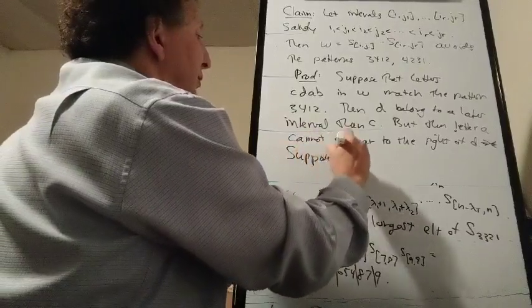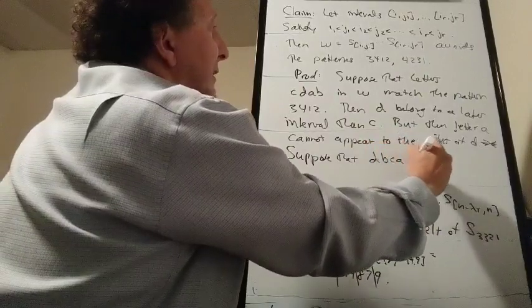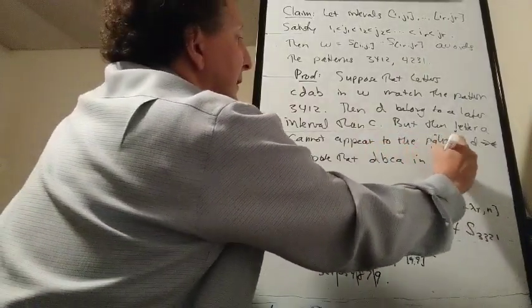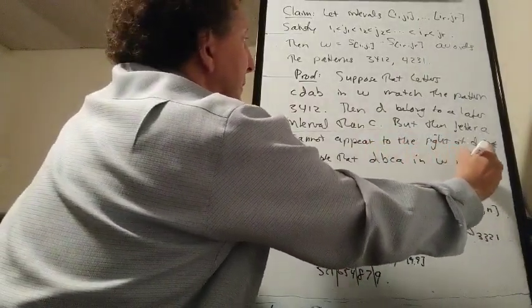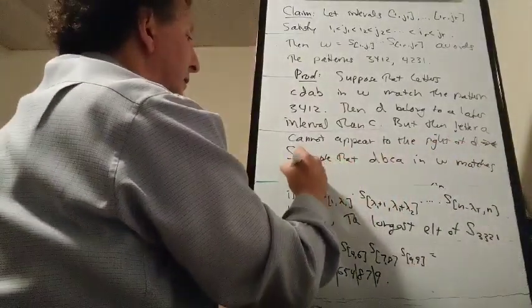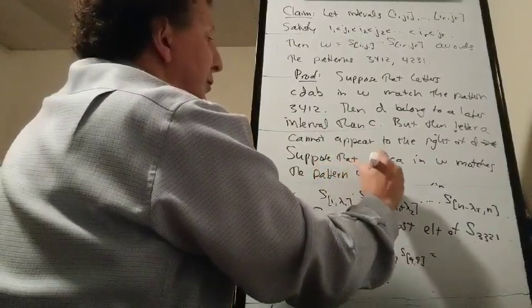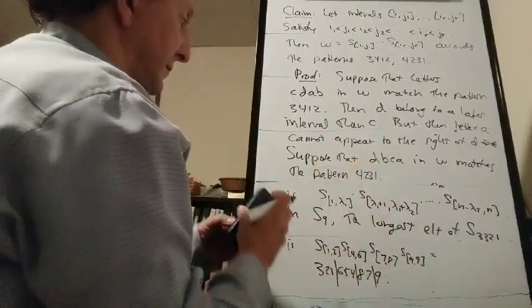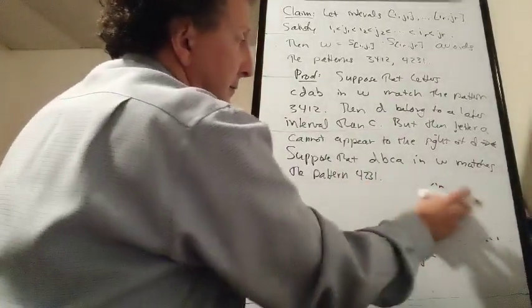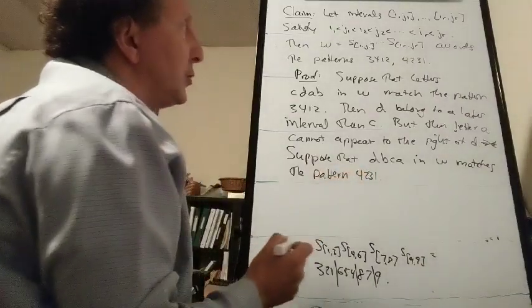Alright, now suppose that D, B, C, A in W matches the pattern 4, 2, 3, 1. So 4 and 2 can be in the same interval.